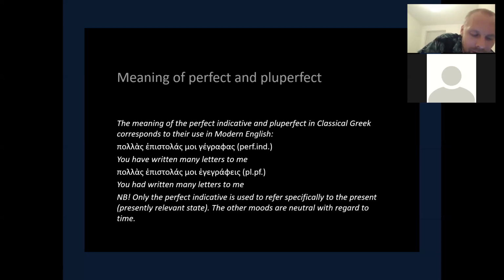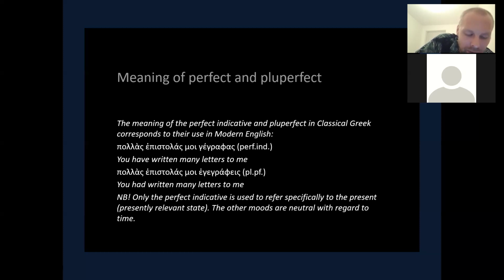But the pluperfect, or the past perfect, in turn, always refers to a past state in both classical Greek and modern English. That is, to a state which is no longer relevant, but which was relevant in the past and which once existed as the result of a previous action.